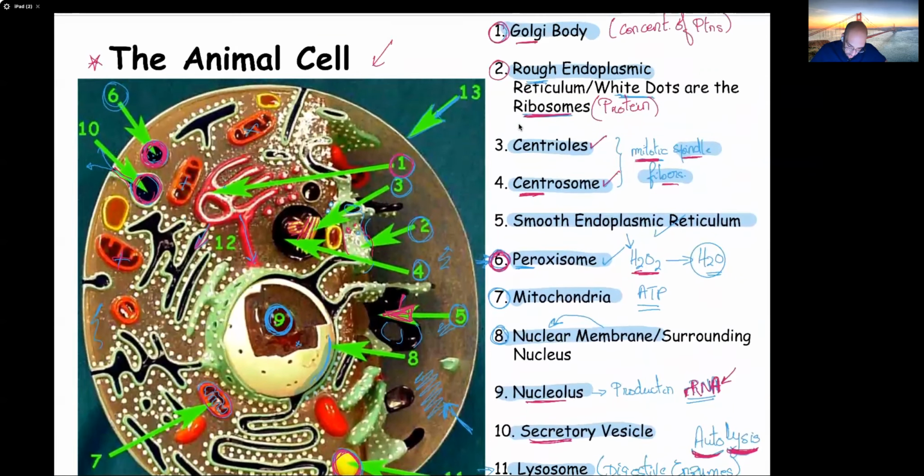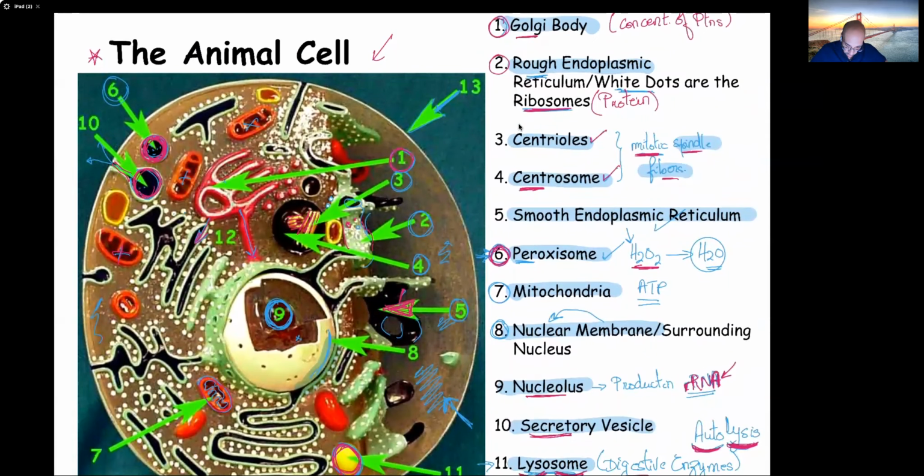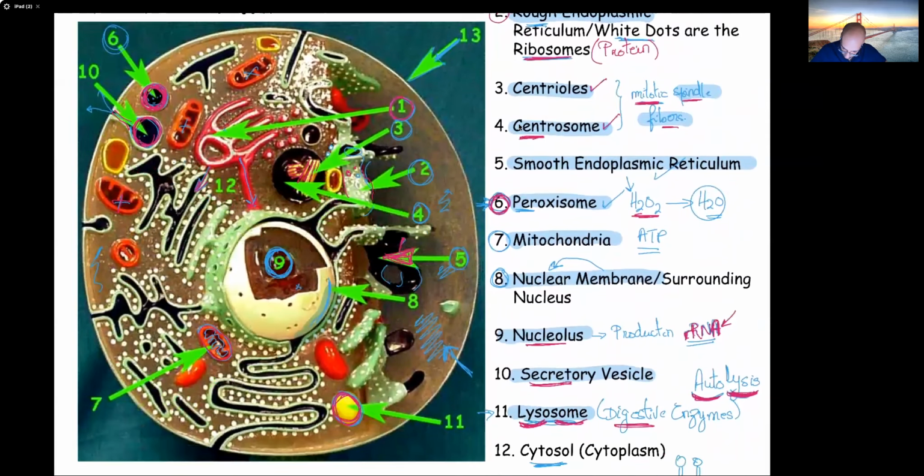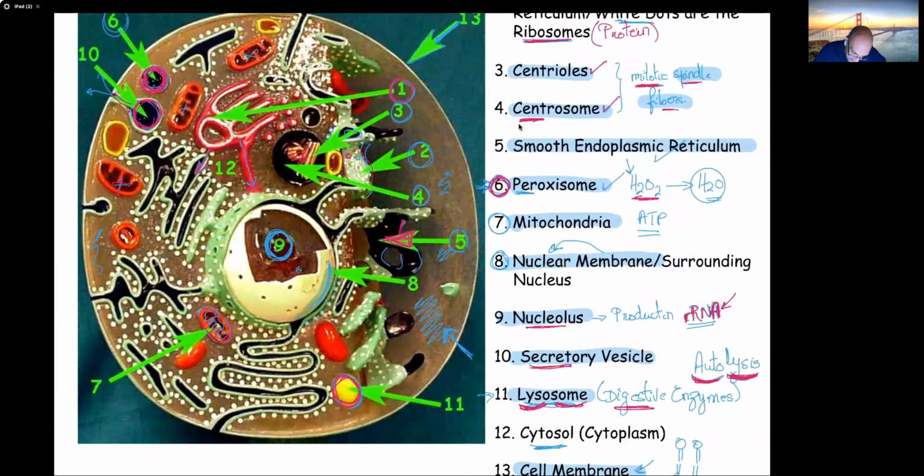Number 12 here is pointing to the part of the cytoplasm that is not containing any organelles. This is the part that we call the cytosol. So cytosol is the matrix where the organelles are going to be located.